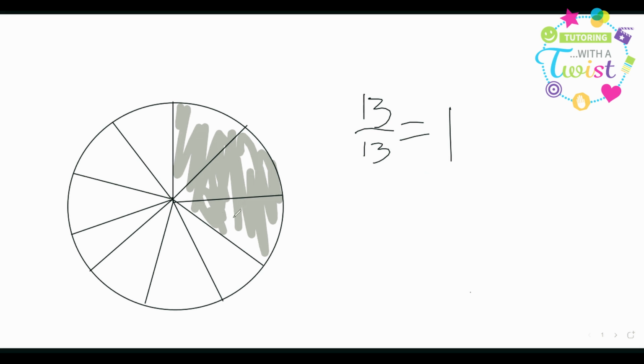That's 1 whole pizza. We'll also notice that anything over 1, let's say I've got 4 over 1. Well, if I take a pizza and I cut it up into 1 slice per pizza, and I take 4 of those, well, that's the same thing as 4 pizzas. So anything over 1 is going to be itself. Anything over itself is going to be 1, right?